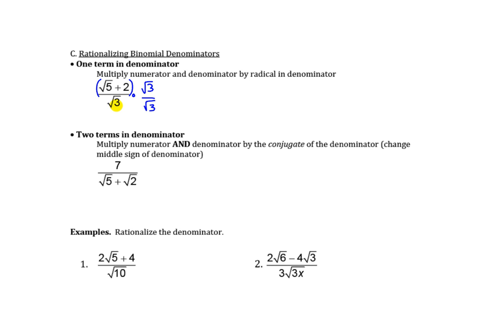We need those brackets, which is basically the distributive property, right? We need to distribute that root 3 in. So if we distribute root 3 inside, what is root 3 times root 5? Root 15 plus, what is root 3 times 2? 2 root 3.